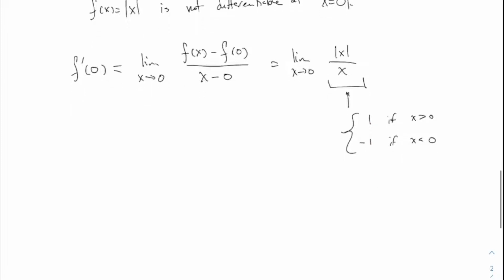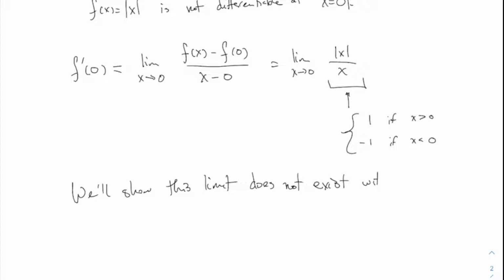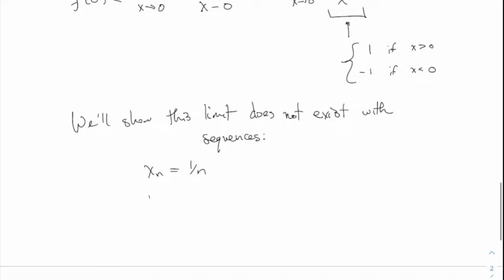So let me just, as a little preamble, we'll show this limit does not exist. And we have to do this using sequences. That's the way that we always show limits do not exist. With sequences. So I'm going to say let xn be 1 over n, like he said, and yn be -1 over n. All right?